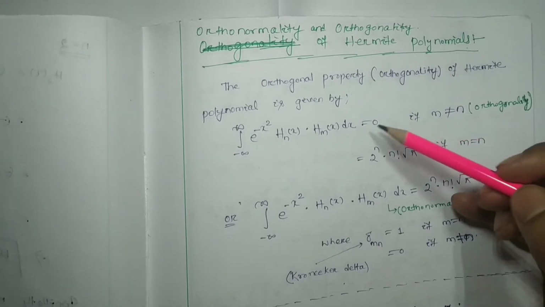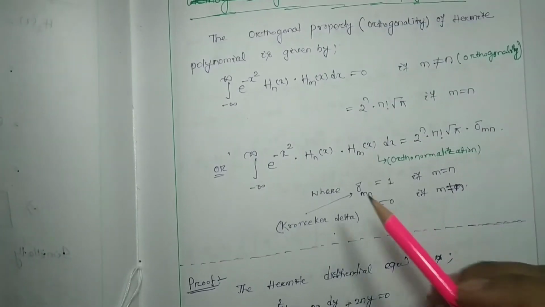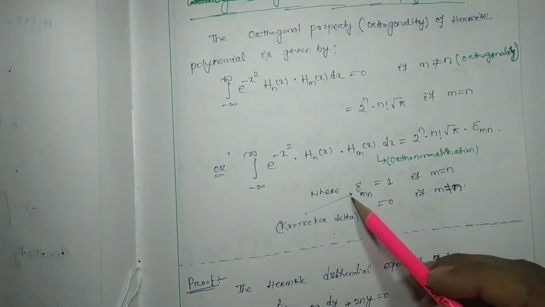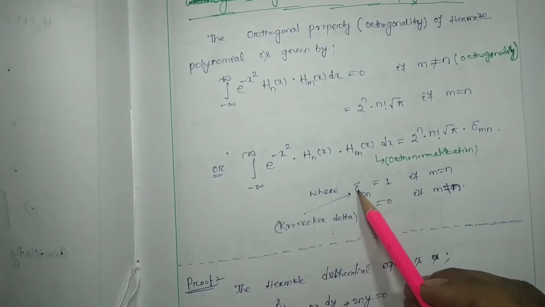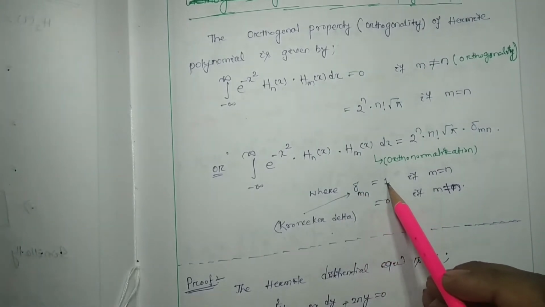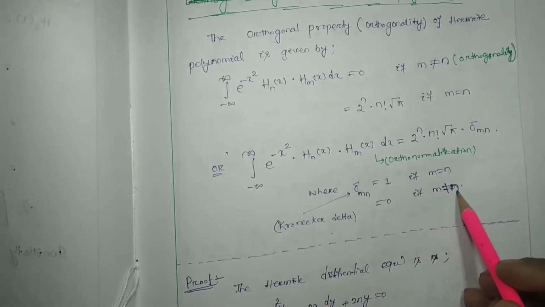So if I write these two equations combiningly, then I have to use the Kronecker delta function, that is delta mn equal to 1 if m equal to n, equal to 0 if m not equal to n.